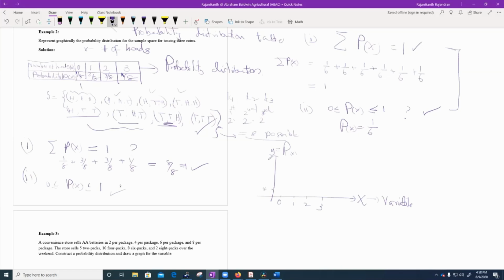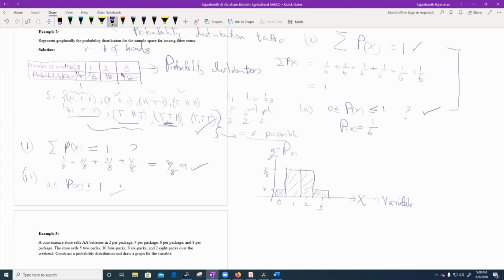Then I have 3 over 8. So make a block with 1. So this is the value I'm getting for 1. Oh, sorry, I'm getting the value for 0. For 1, we are getting 3 over 8. So make a 3 over 8.